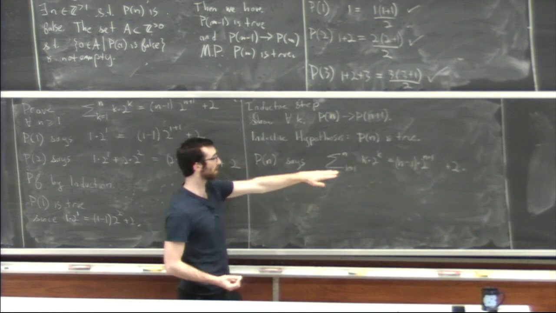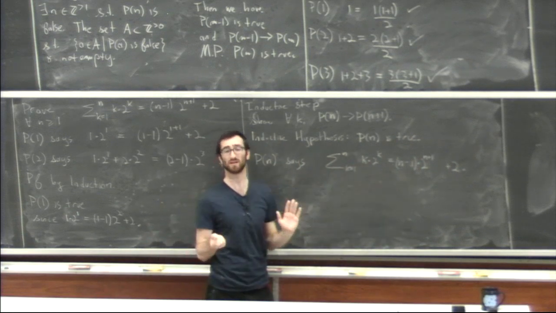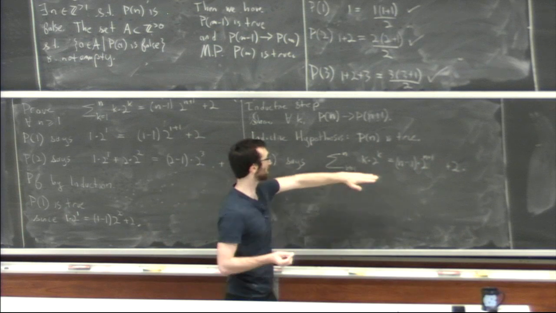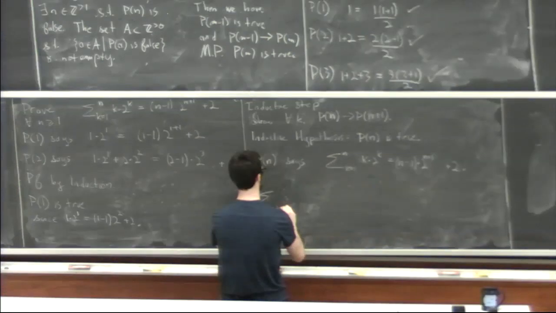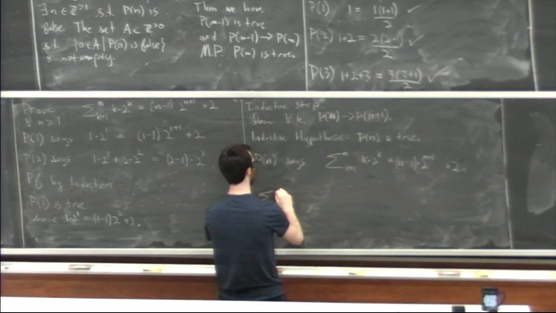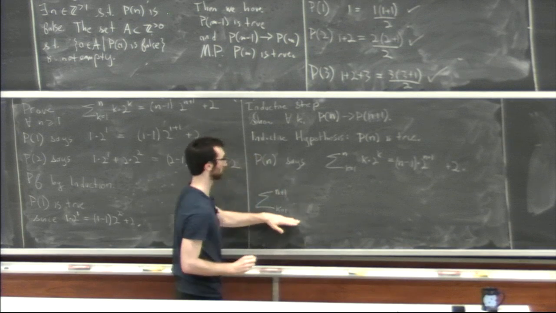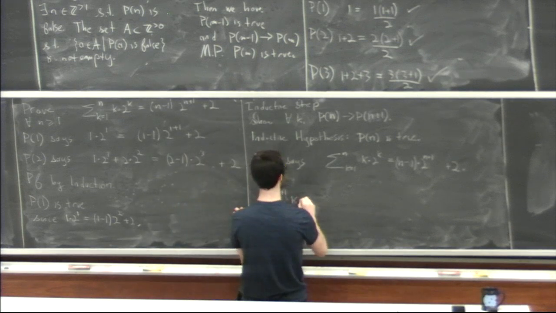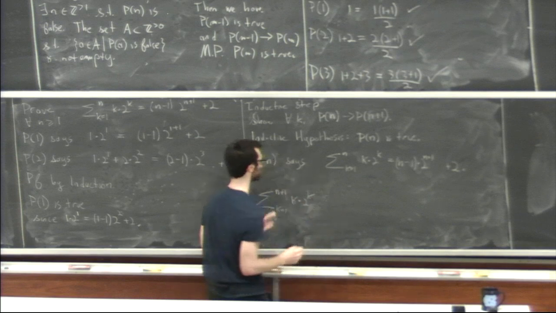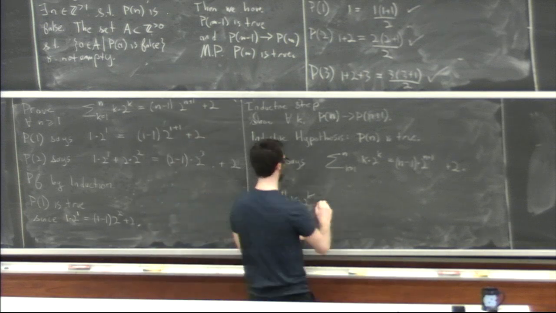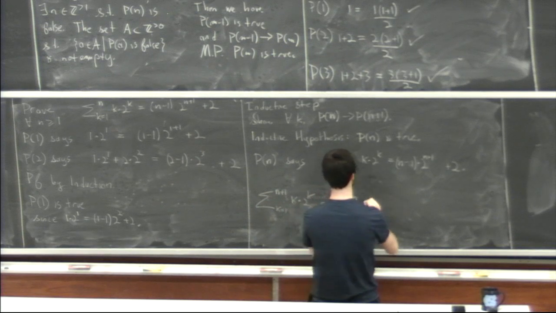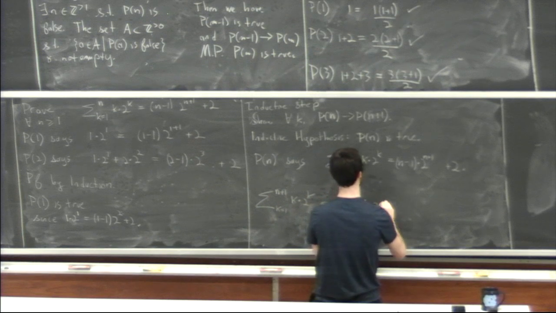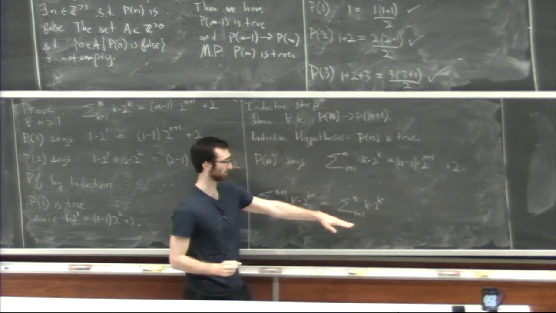So I'm going to start off with one side of P of n plus 1. One side of P of n plus 1 is this chunk, the sum from k equals 1 up to n plus 1 of k times 2 to the k. Well, this thing is exactly equal to this whole sum, k equals 1 up to n of k times 2 to the k, right?